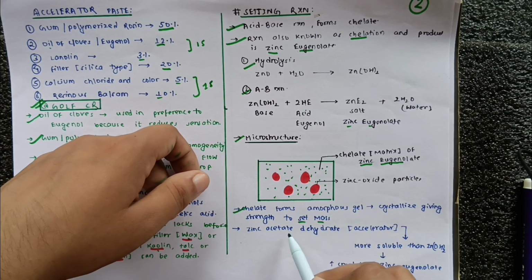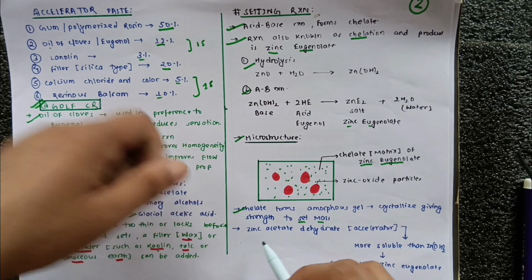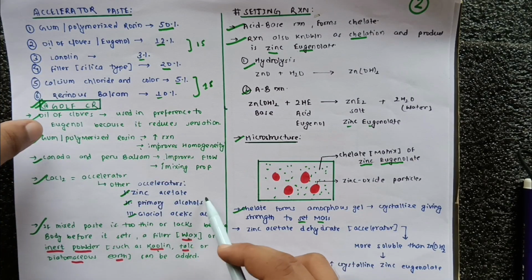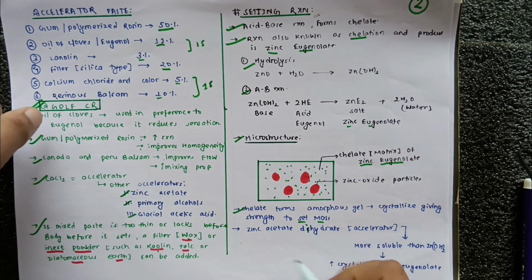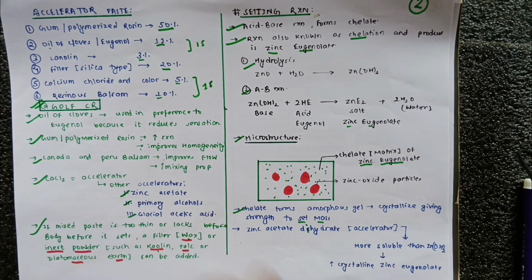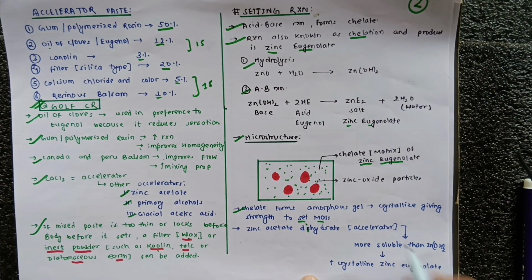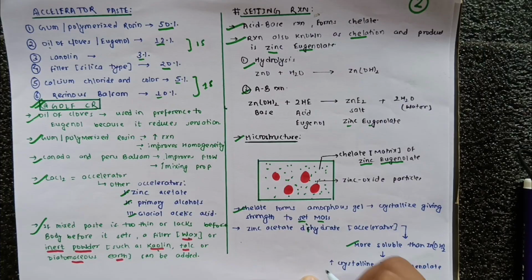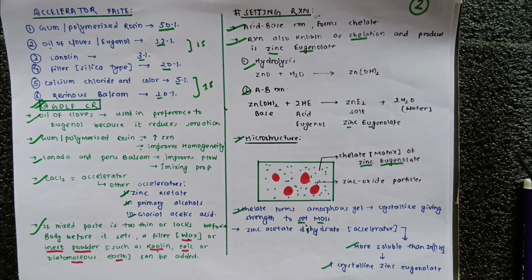After that, zinc acetate dihydrate, as I have mentioned here, acts as an accelerator. It is more soluble than zinc oxide and zinc hydroxide, and it helps crystallize the zinc eugenolate. So this accelerator helps in strengthening and in the fast formation of crystalline zinc eugenolate.